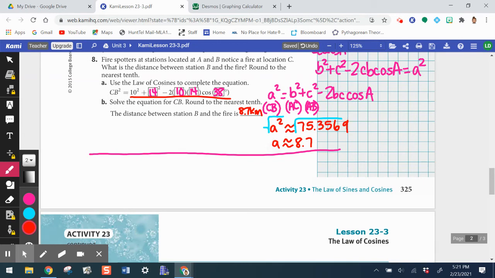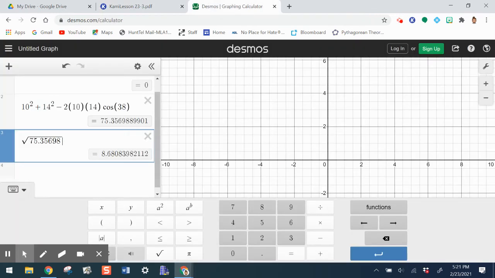Which we're calling lowercase a. So in our graphing calculator, it's lengthy, but it's pretty simple. We're going to input 10 squared plus 14 squared minus 2 times 10 times 14 times the cosine of 38.